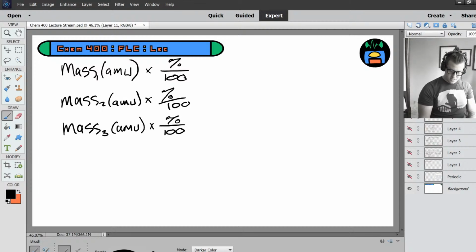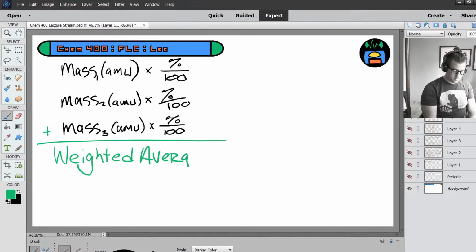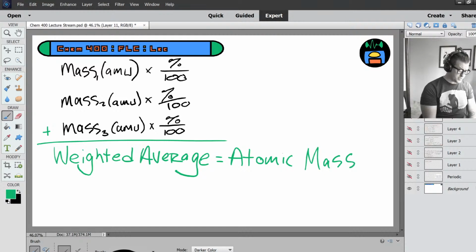And then you take the sum, and that sum is the weighted average, and that weighted average will be the atomic mass that you see on the periodic table.